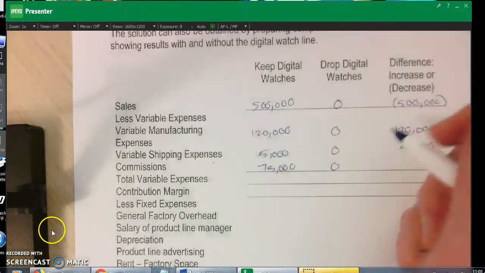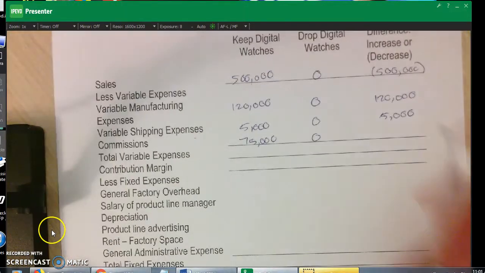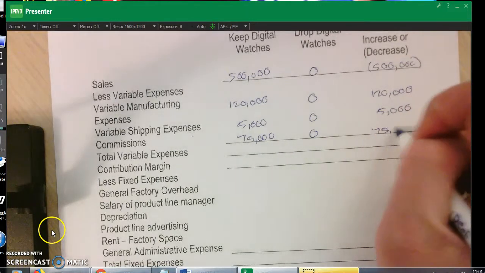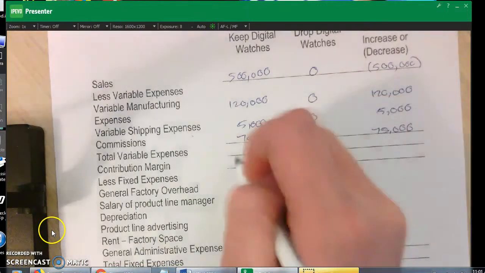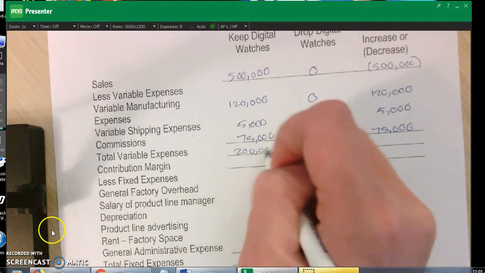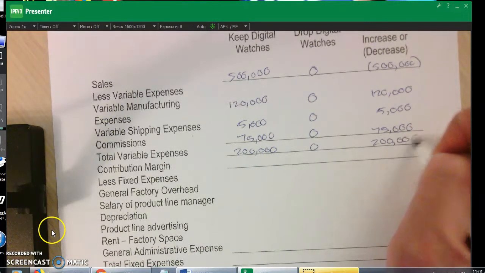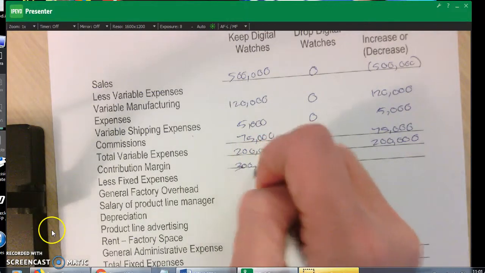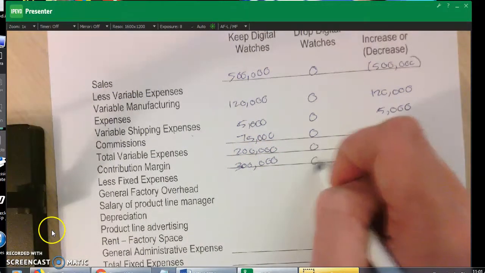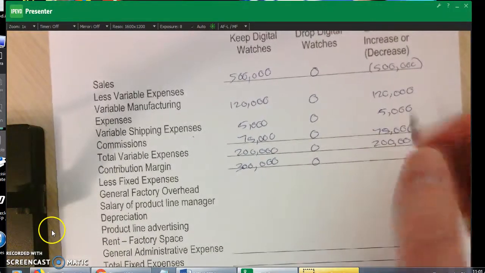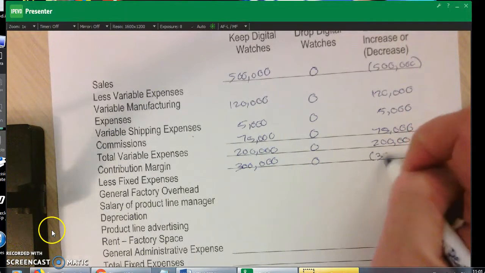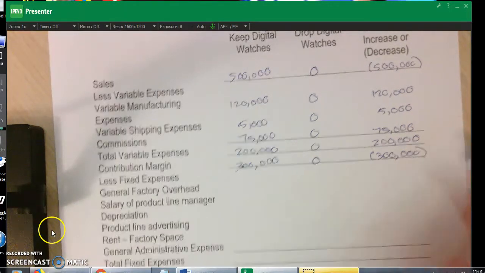Obviously, we won't pay commissions on any digital watches if we drop it. So we have the $75,000 right over here. We have our total variable expenses of $200,000, zero. Then we have our $200,000. It gives us our contribution margin of $300,000 over here. And then it would be zero. That's like what we saw on the prior page. So that shows that loss of contribution margin of $300,000.